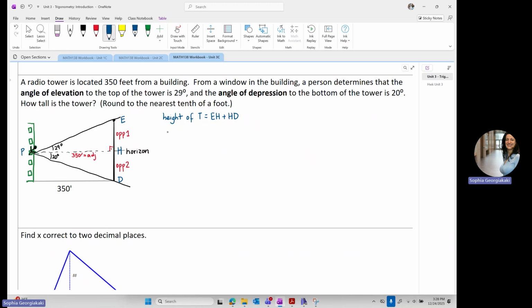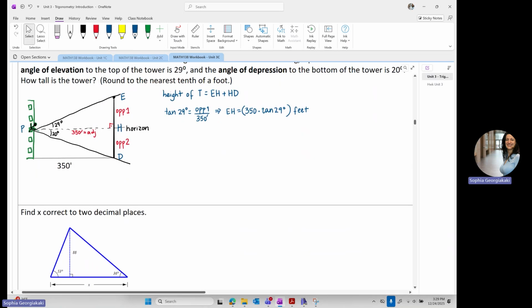So the tangent of 29 degrees will equal opposite 1 over adjacent, which is 350 feet. If I multiply by 350 feet, opposite 1, that's EH, will equal 350 feet times the tangent of 29 degrees. That's in feet.